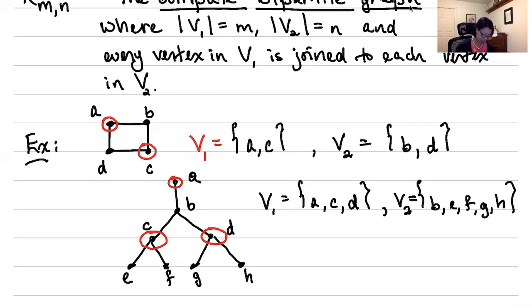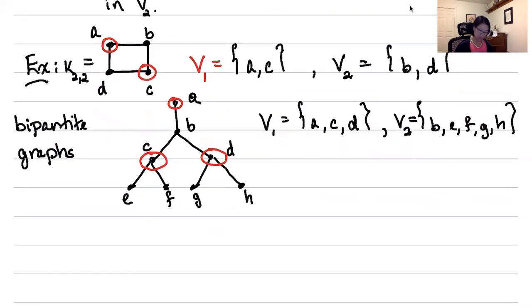So these are both bipartite graphs. In fact, the first graph is a complete bipartite graph. It's the graph K22.